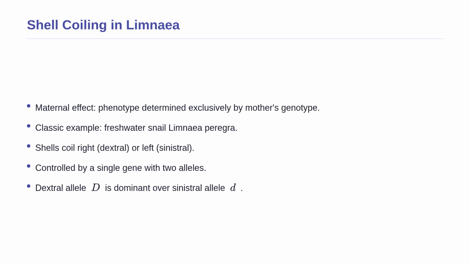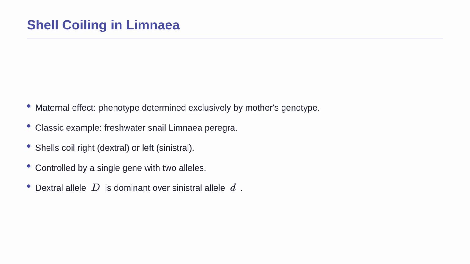Now that we understand what a maternal effect is intuitively, let us look at its most famous classic example. In formal genetic terms, a maternal effect occurs when the phenotype of an organism is determined exclusively by the genotype of its mother, regardless of the organism's own genotype or the father's genotype.